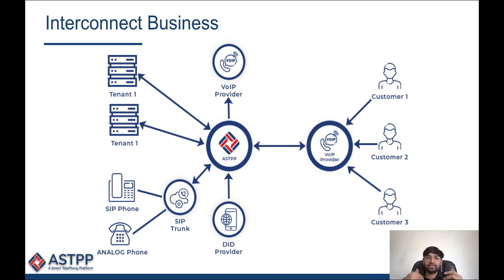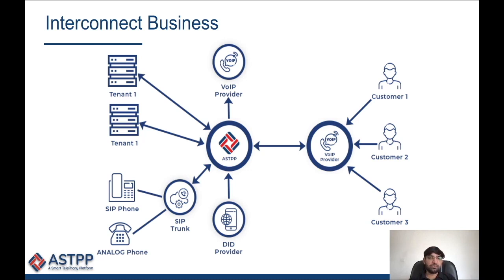Like if I send you USA calls, you can send me Indian calls, and at the end of the month, we will compensate with the minutes. That way, your provider is going to be your trunk, as well as your customer.